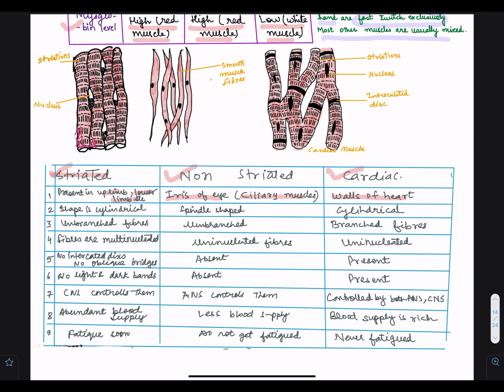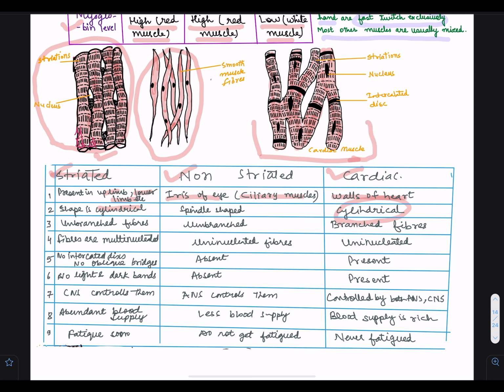If we have a look at the striated muscles, we see that the shape is cylindrical. You can very well see the cylindrical shape. While the non-striated are spindle shaped. We can see the spindle shape in the diagram. While the cardiac muscles are cylindrical, as you can see in this diagram.